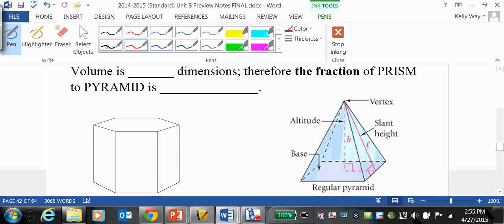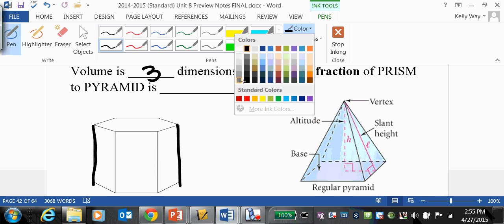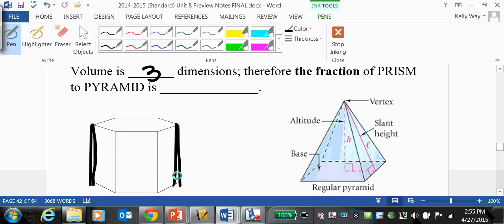Okay. Volume is 3 dimensions. So if you go from a prism, just draw the 2 outer edges of the prism there. You should feel that. When you go from a prism to a pyramid, you should be able to feel you're losing volume.